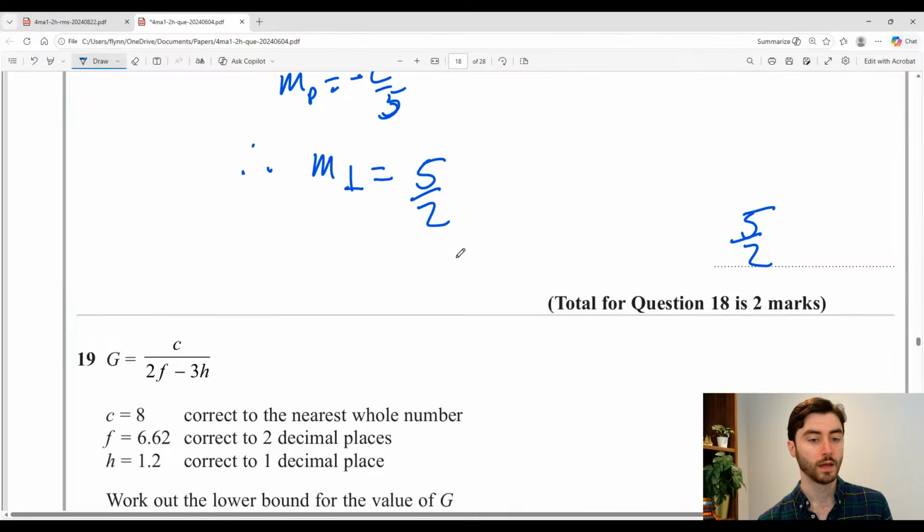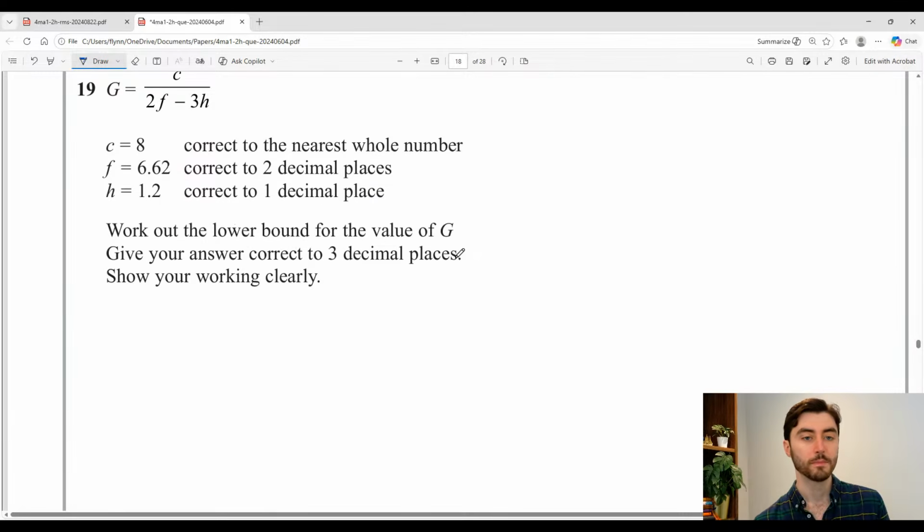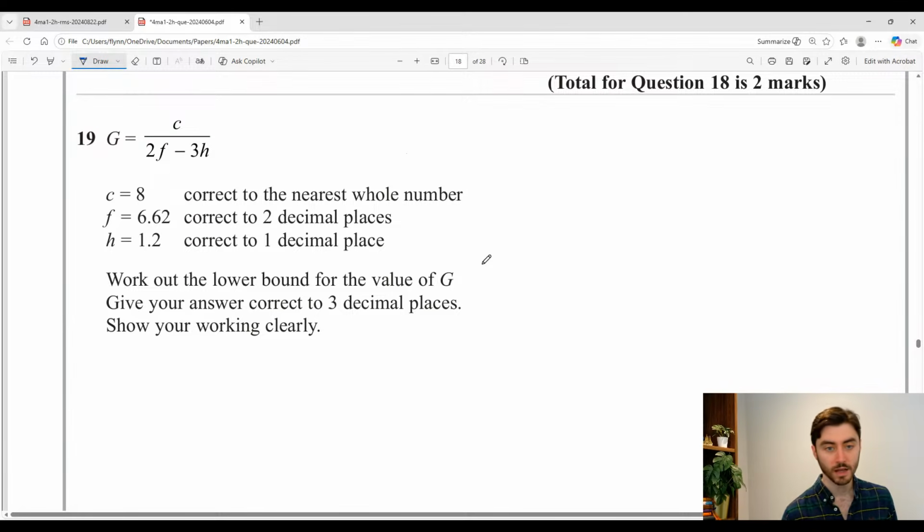Okay, now here, question 19. Some immediate context clues I'm seeing are that these are correct to a certain number of decimal places. So even if they didn't tell me this was lower bound, I'm immediately thinking this is a bounds question. So we want to work out the lower bound for the value of g.